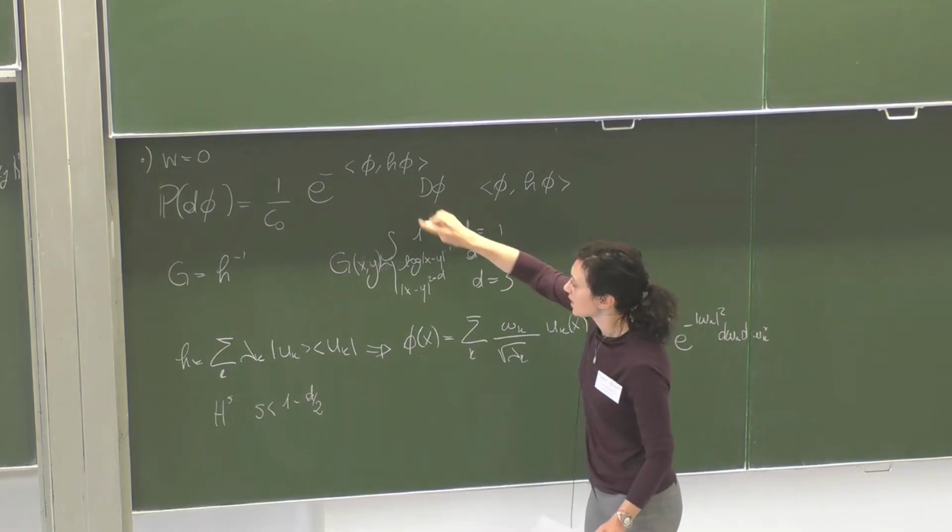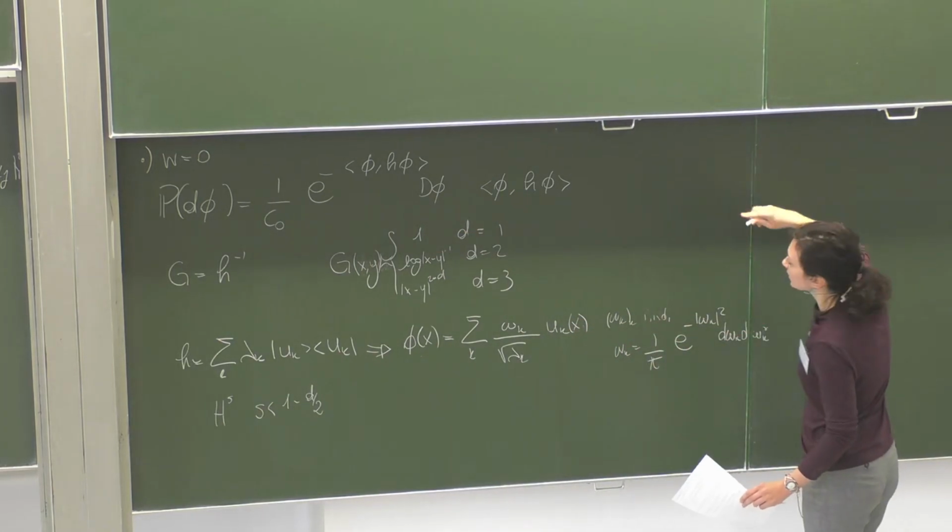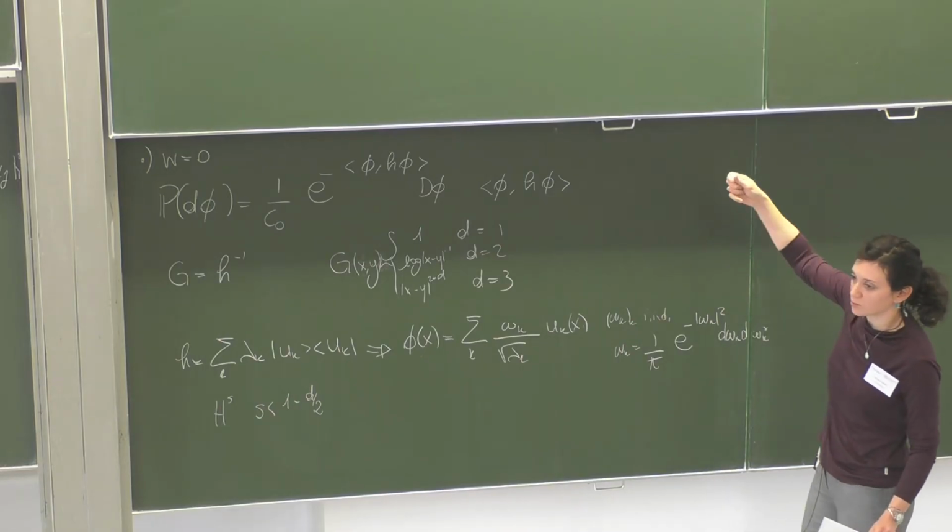When the interaction is present instead, the difficulty of constructing this measure increases with the dimension.